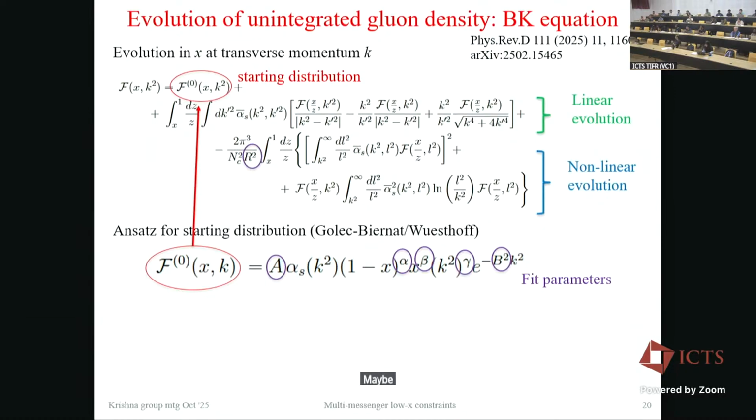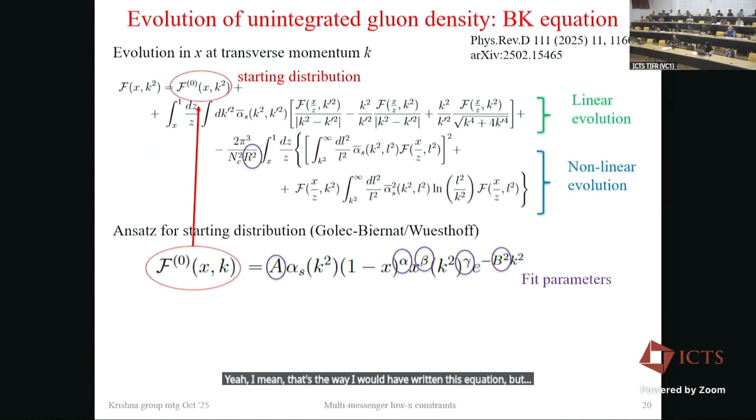Maybe Jean-Paul has a comment. I'm not able to answer that question. It depends on two scales, k and k prime, and I forgot, I must admit. It's not the way I would have written this equation, but okay.